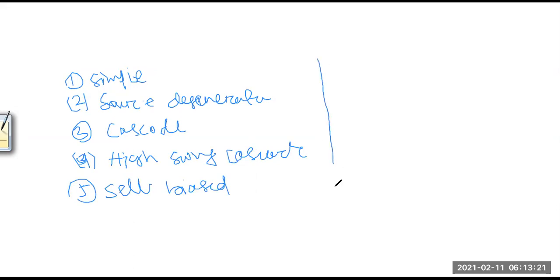So this is the evolution, from simple to final, which is self-biased.